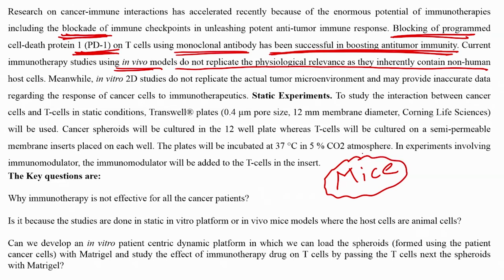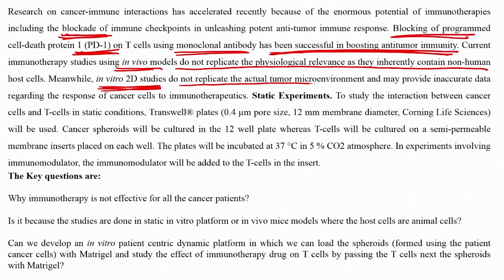Now, the results that we get, we cannot say this is exactly replicating the human, since the animal cells are the host cells, right. Meanwhile, in vitro 2D studies, like we have seen, transwell, do not replicate the actual tumor microenvironment and may provide inaccurate data regarding the response of cancer cells to immunotherapeutics.